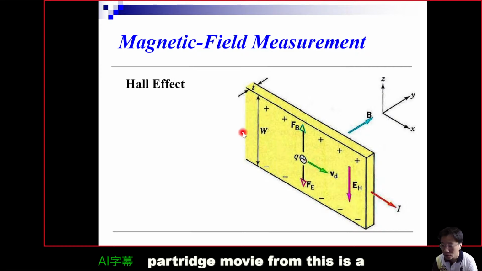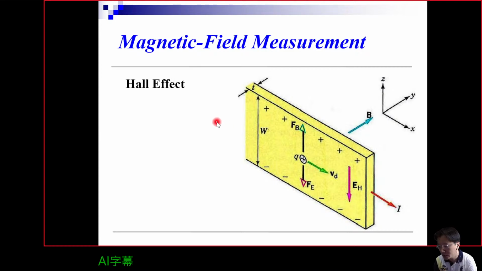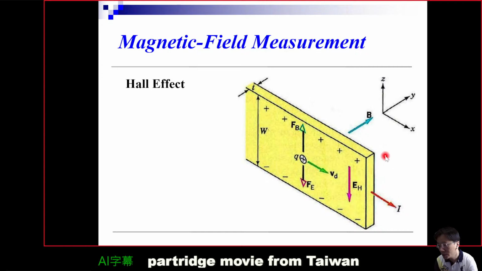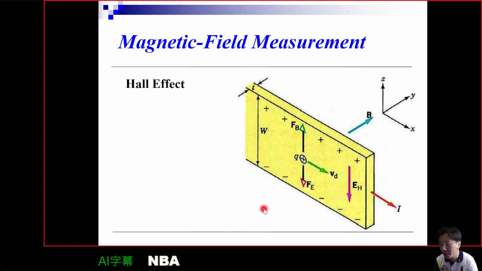When the current is injected along this direction and the magnetic field passes through this plane, the positive charge will feel a force. You may use the right hand rule, and you will find the force goes upward.